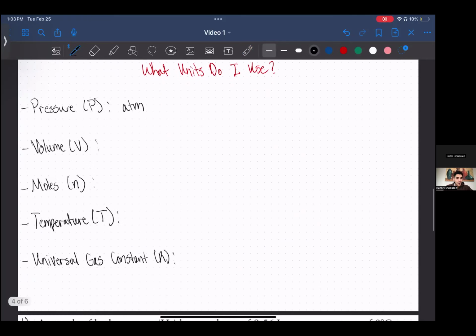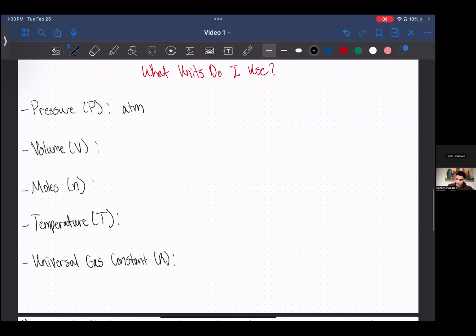So in terms of the common units you could see otherwise, I'll give this to you in terms of one ATM. One ATM is going to be equal to 101.3 kilopascals, or 101,300 pascals, which you could also see, but because of how big that number is, people commonly just use kilopascals.